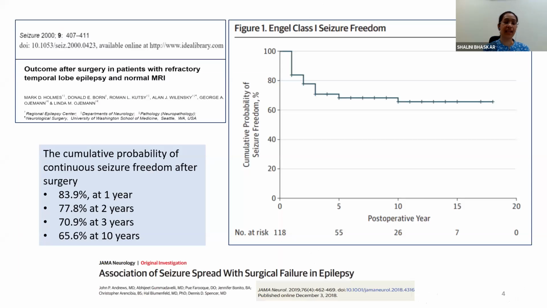Various studies and meta-analyses over the last 2 decades have shown that the cumulative probability of continuous seizure freedom after surgery was about 83.9% at 1 year, 77.8% at 2 years, and 65.6% at 10 years.